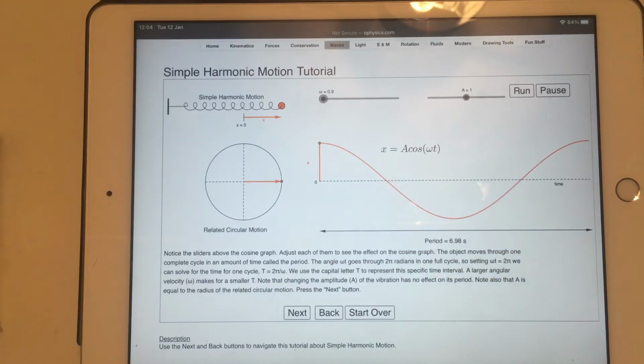So what we have here is a mass that's been attached to a spring, and it has been pulled a distance away from its original position, x equals 0. So that was its original position, and it's been pulled to a displacement of x. So obviously at the moment here, this spring is stretched, and so we know that there's going to be a restoring force.